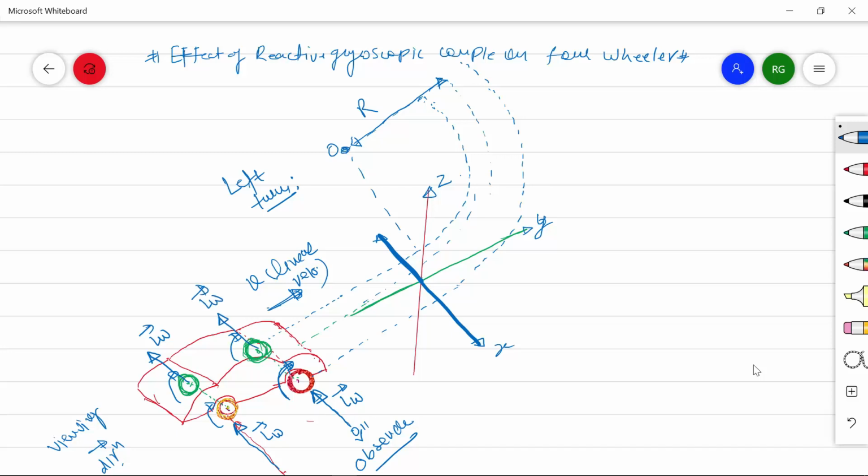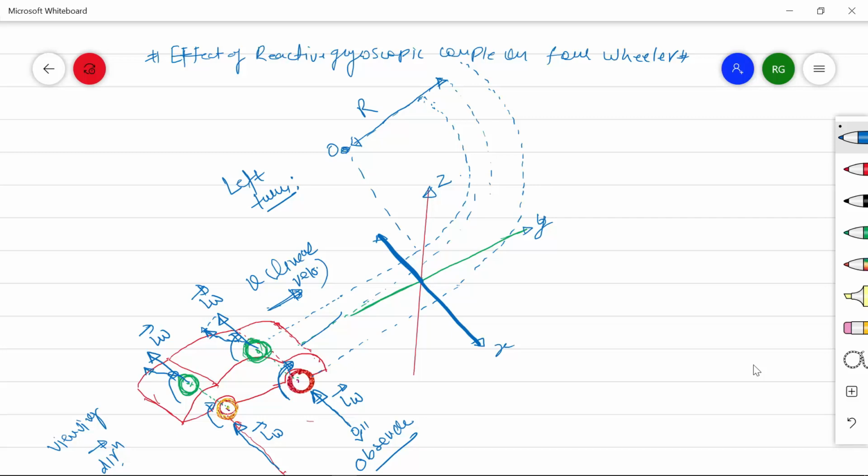So this car will take the left turn. When the car takes the left turn, if it is moving in this direction, then this angular momentum vector will travel in this direction, and this would be something like this.